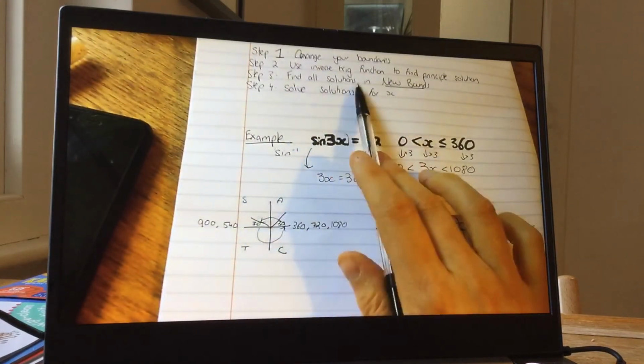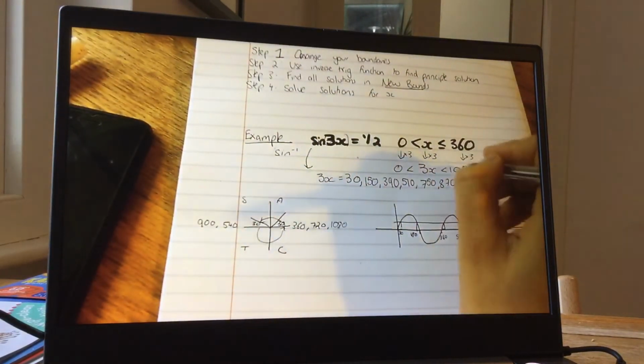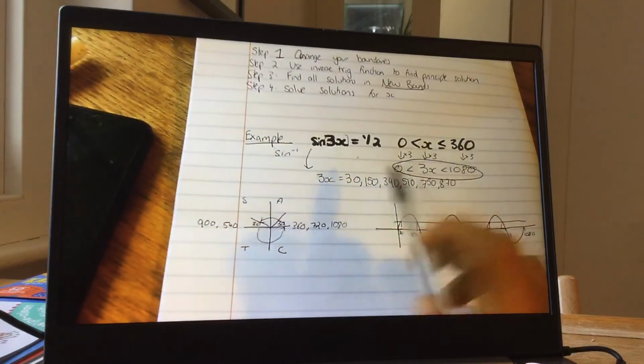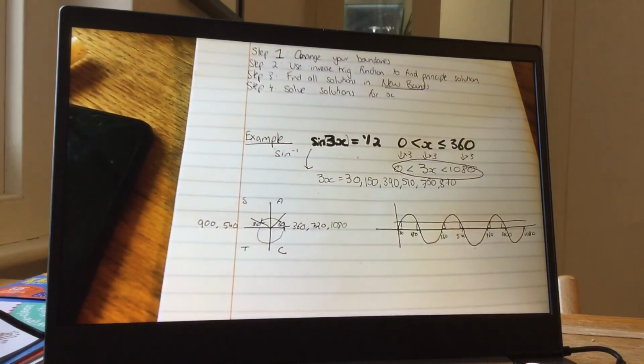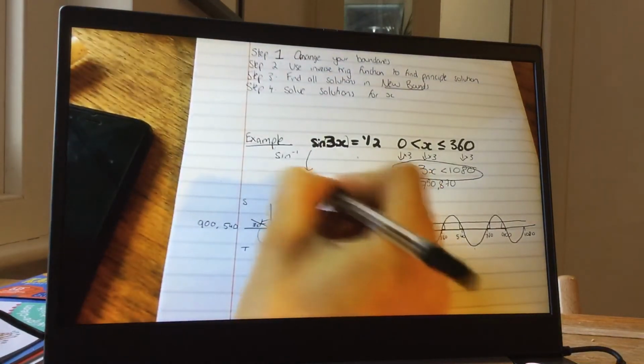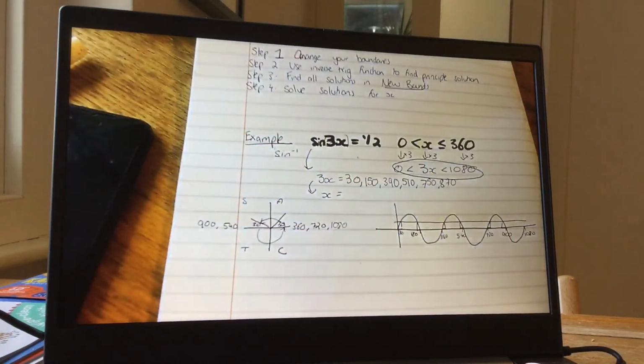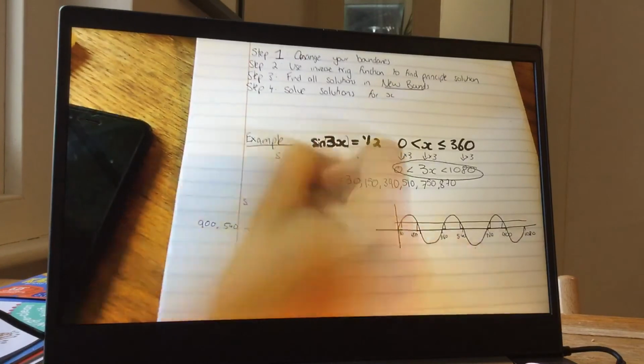So that was step 3, find all the solutions in my new bounds, and then I actually need to solve for x, because you can see here that this is actually 3x. So I just want my solutions for x. Well, to turn 3x into x, I would just divide by 3.